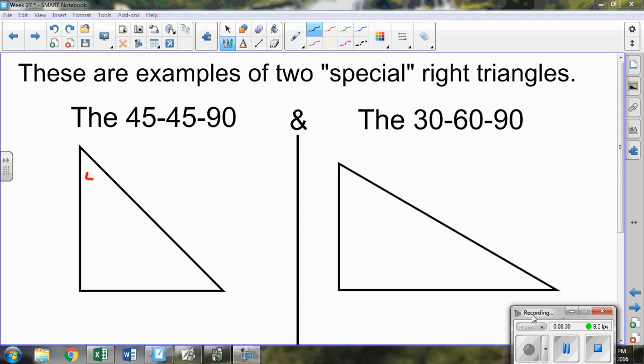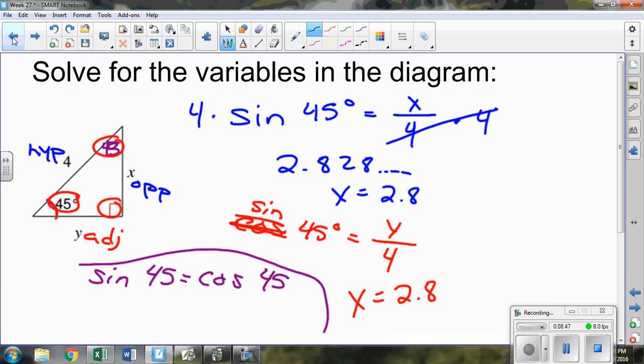First things first, we'll build the 45, 45, 90 degree angle. Also note that, of course, this piece was the hypotenuse. And going back to my last example, I'd like you to tell me, what did you notice about the legs?